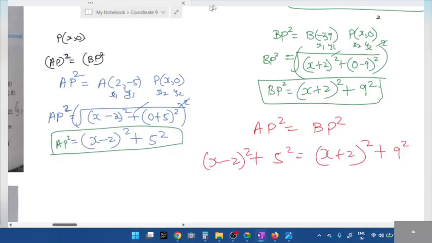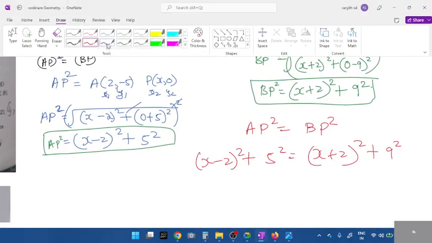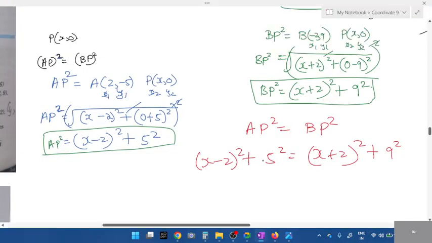Which formula can we use here? x minus 5 the whole square? a plus b or a minus b? Respond. Which formula we use here? a minus b the whole square?